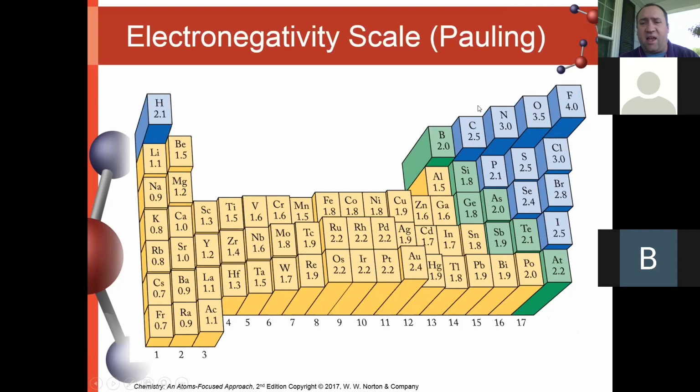What we can see is that non-metals tend to be more electronegative than metals are, and that makes sense. After all, non-metals tend to want more electrons because they are closer to filling their octets than the metals are. Metals have a lack of want for electrons because they're pretty close to noble gas configurations if they lose electrons rather than gain electrons.